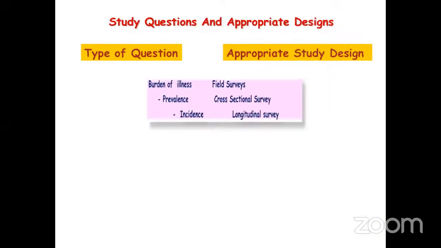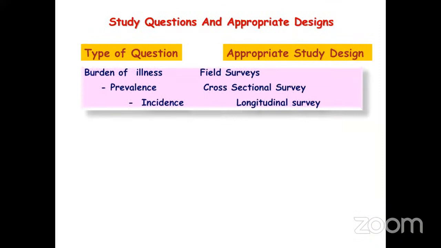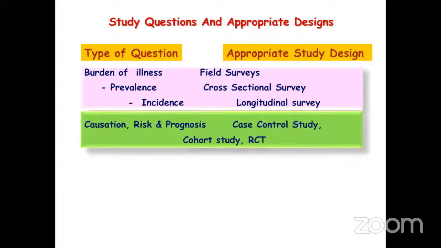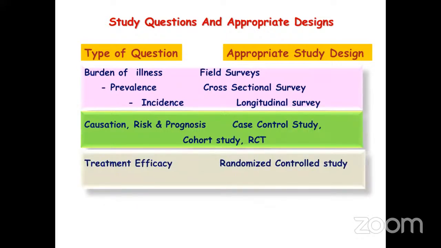So depending upon the type of question, already this has been dealt with in the earlier talks, but still I'll just touch upon it. If you want to assess the burden of illness or prevalence, for example, incidence of difficult airway, incidence of postoperative nausea vomiting, incidence of nerve injuries following a regional technique, you go for a cross-sectional study or a longitudinal or field survey. In case you are trying to assess causation or risk, suppose the effect of a particular risk factor on the occurrence of an outcome, you go for either a case control or cohort study or even an RCT.